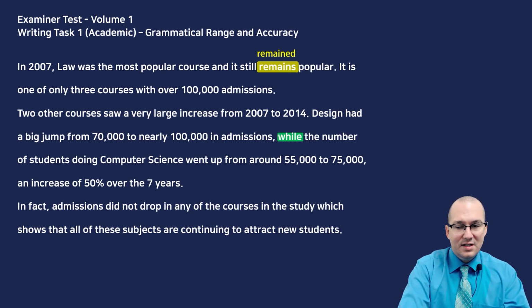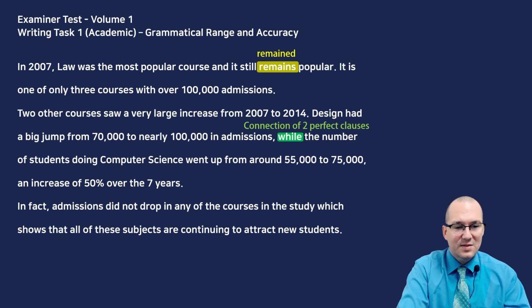Again, we talked about this in coherence and cohesion, but this is a great connection of two perfect clauses. A big jump from 70,000 to 100,000 admissions. The number of students doing computer science went up. Again, everything's perfect. Even the comma. An increase of 50% over the 7 years, a great long sentence.